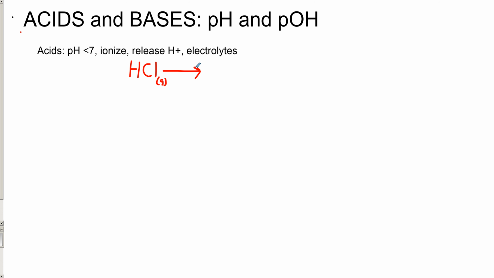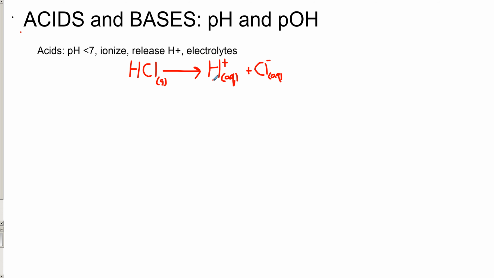But it really, really likes to grab onto water molecules. When it does, the first step in our little equation is it ionizes. It breaks into H pluses, and what's left? Cl minus, a chloride ion. Boom. So this is the first step.